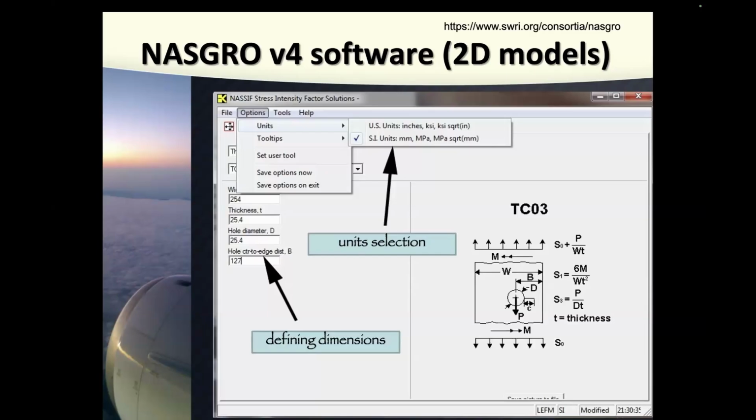This is the software that was available for free download. Now it's not. And this is how it looks. You have this basic first screen, unit selection, and you pick from the database your type of specimen. In this case, this is a specimen with a hole in the middle. Then you define some dimensions and the load.